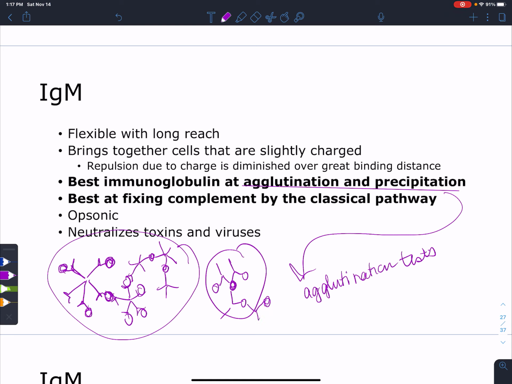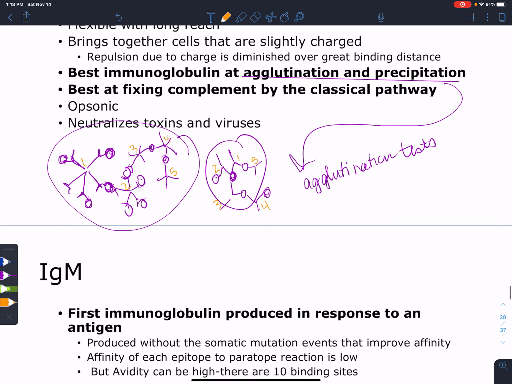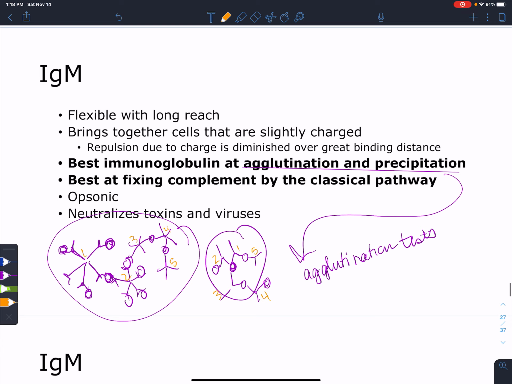This one would be 1, 2, 3, 4, and I'll add one more just to make it complete, and there's 5. So this has the same amount now, but you can see where that network's much larger, so we can visualize it.